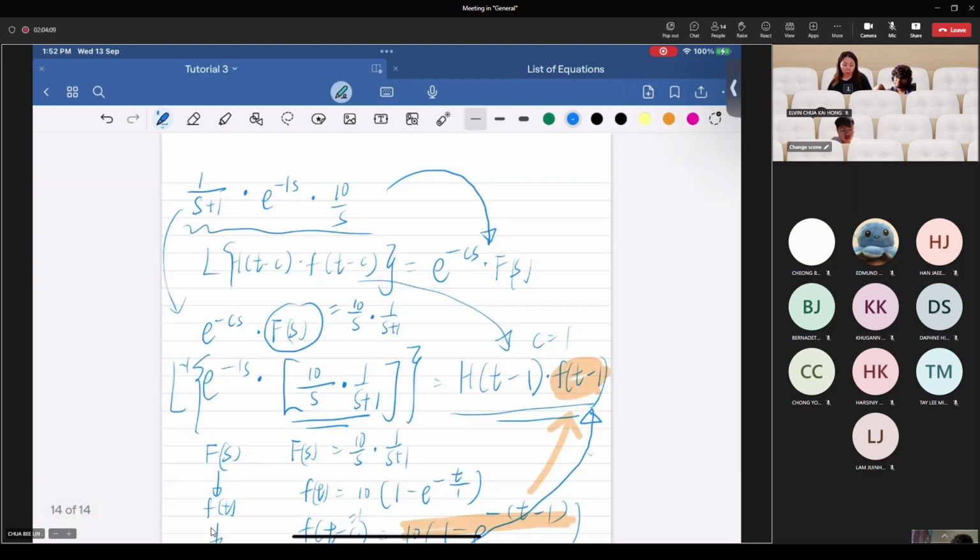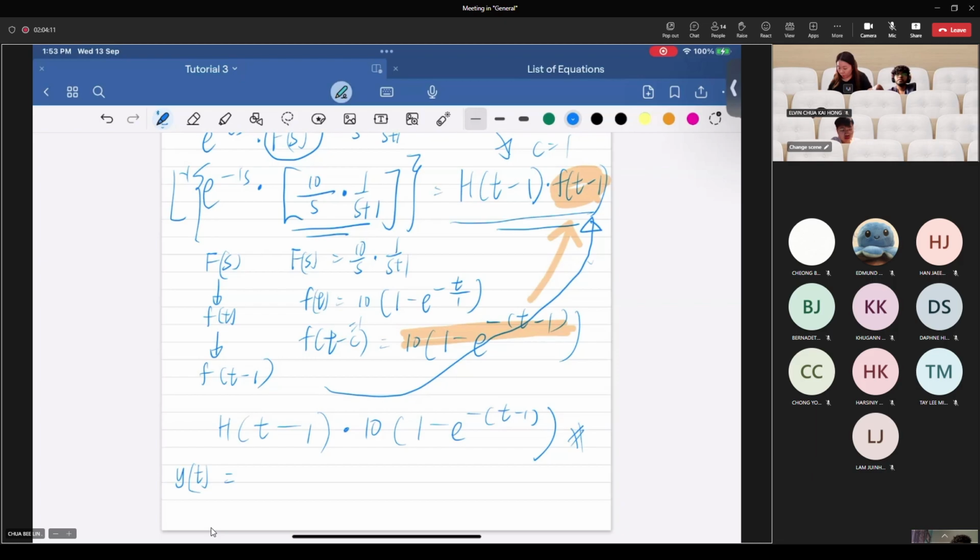You copy this and combine them together, you'll have h(t minus 0) multiplied with 10 times (1 minus e to the negative (t minus 0)), like this. Then minus the second part, so put it here, h(t minus 1) multiplied with 10 times (1 minus e to the negative (t minus 1)), like this. So this is your y(t).